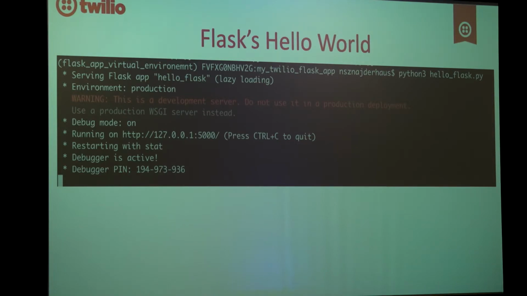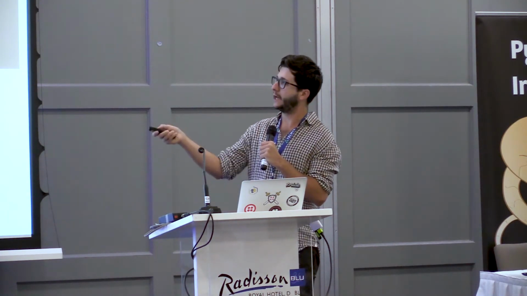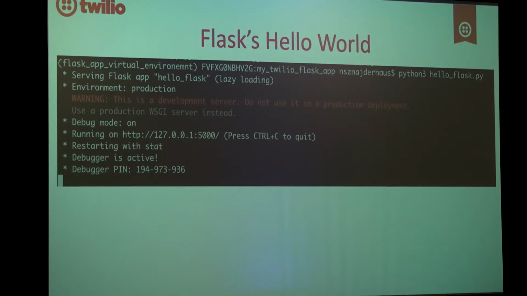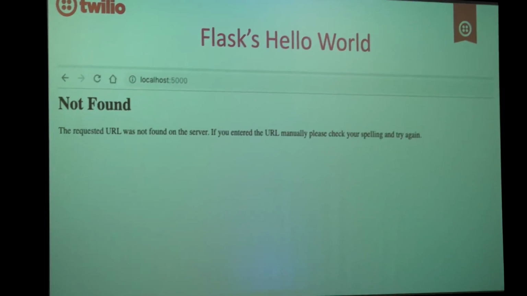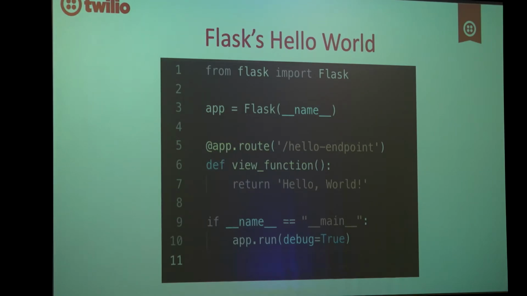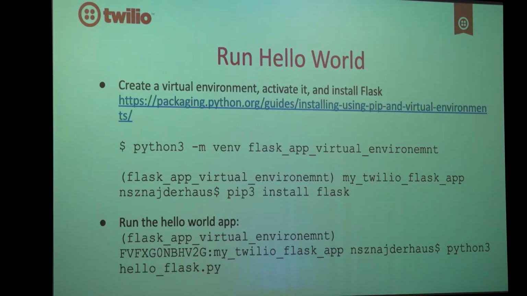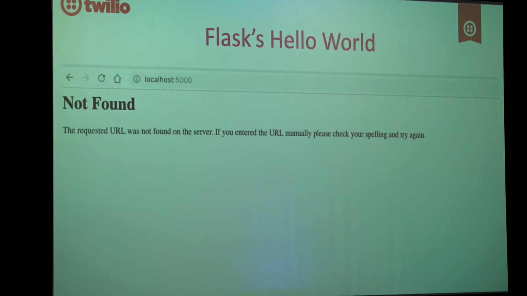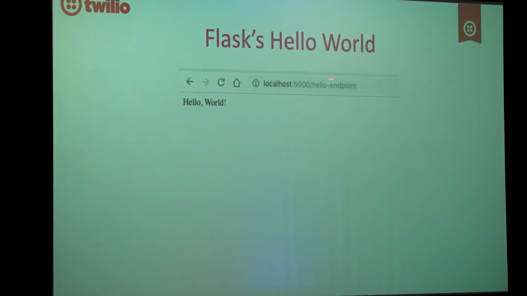So once you have this, you have a web server on your local environment. And if you navigate to localhost 5000, you will see hello world. What happens here? You find nothing. Why? Because the endpoint that we coded is the hello endpoint, not just localhost. So if you navigate to localhost 5000, you won't get anything. But if you go to the /hello endpoint, you get hello world.